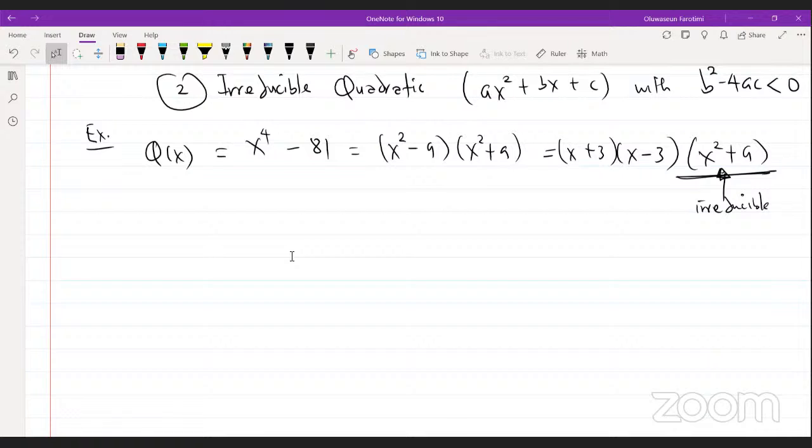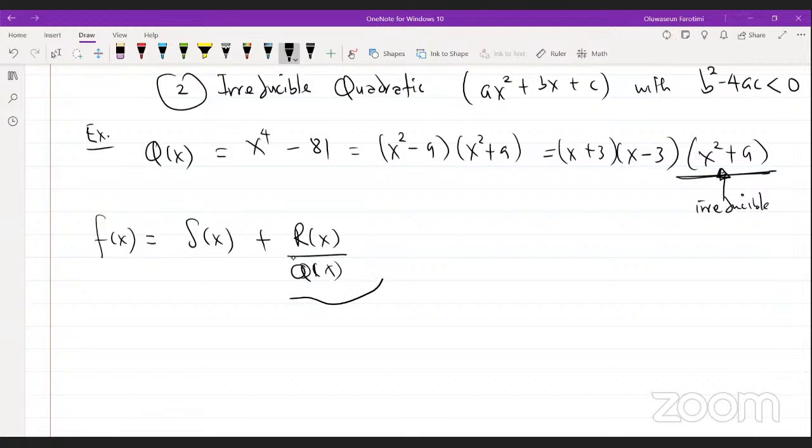Okay, so what do we know, guys? We can definitely back up a little bit to something we saw before. Before now, we saw that, in some cases, if you have a function, you can write it in terms of these. Right now, I want to focus on this part.